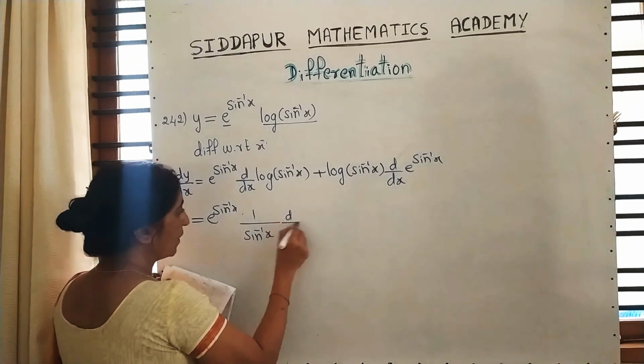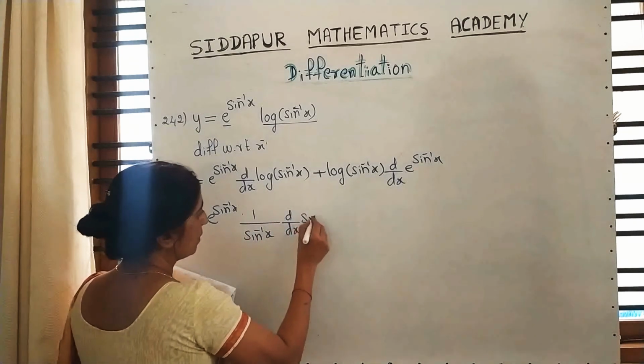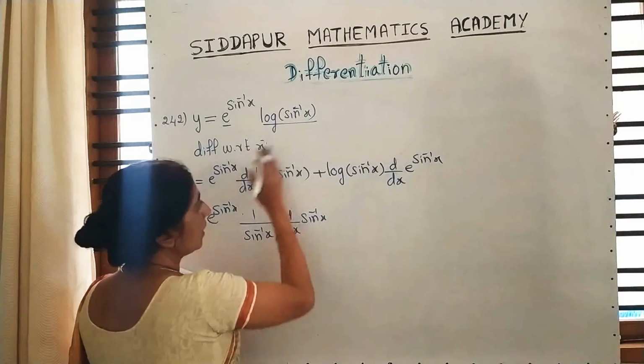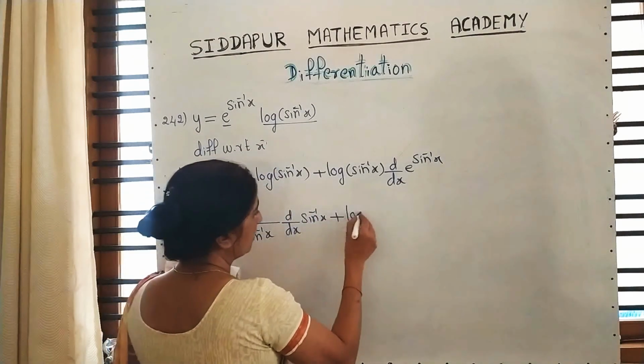In place of x we have sin inverse x. When you cover log, sin inverse x is remaining.